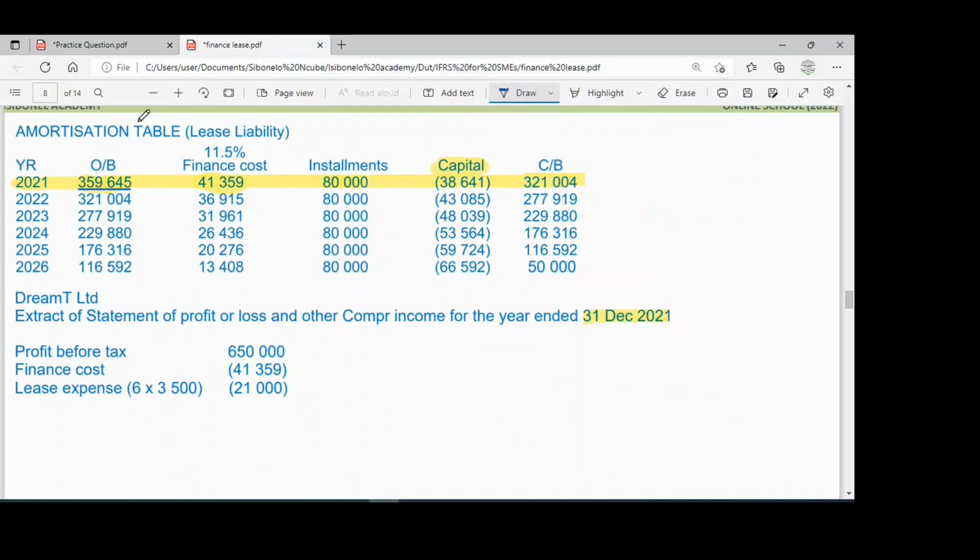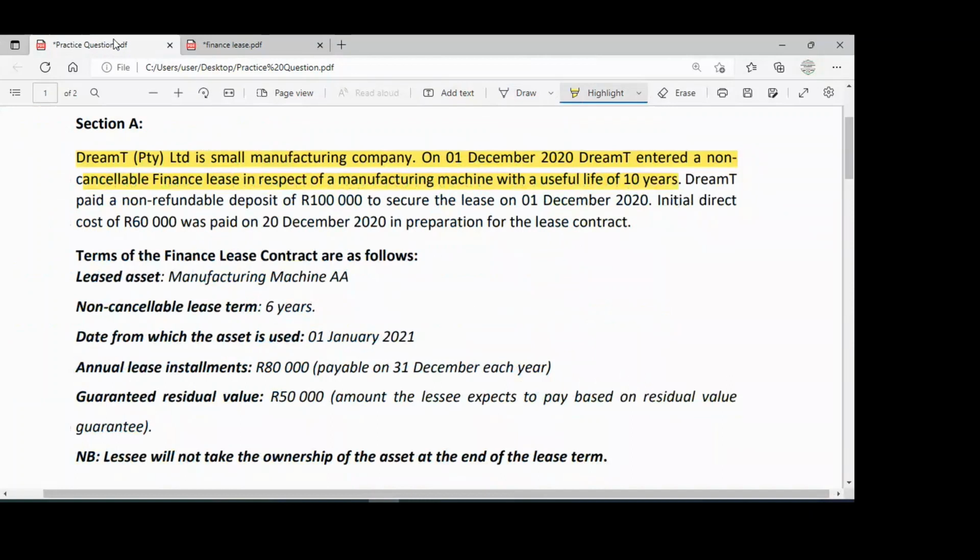Remember, going back to the question, there was a non-refundable deposit of 100,000 that we paid to obtain the right of using the asset. We also paid other indirect costs of 60,000 so that we obtain the right of use of the asset.